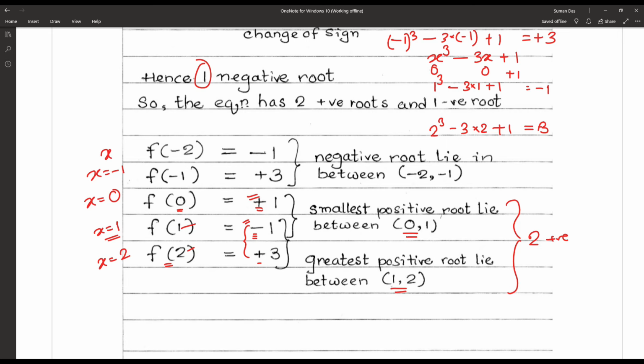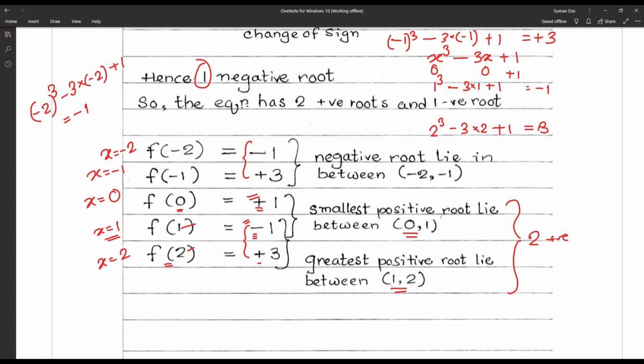Hence we put x equal to minus 2. Now for minus 2, we have minus 2 whole cube minus 3 into minus 2 in place of x plus 1, and the value is now minus 1, that means negative. So at x equal to minus 1 the value of the function is positive, and at x equal to minus 2 the value of the function is negative.